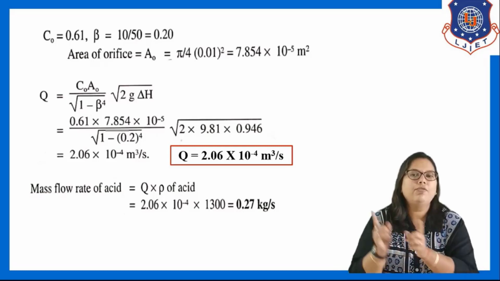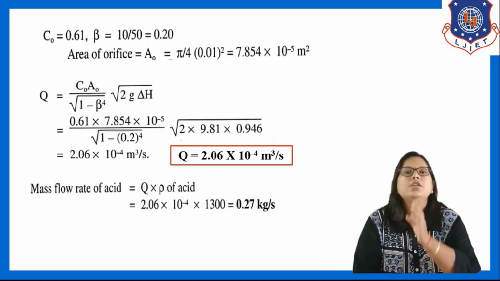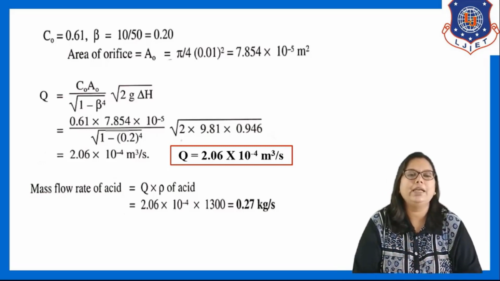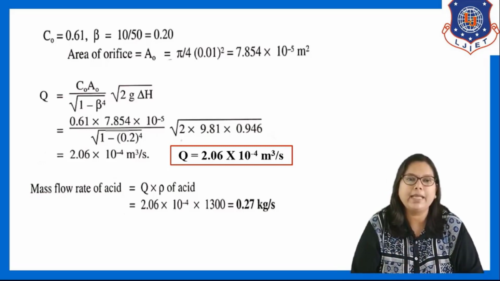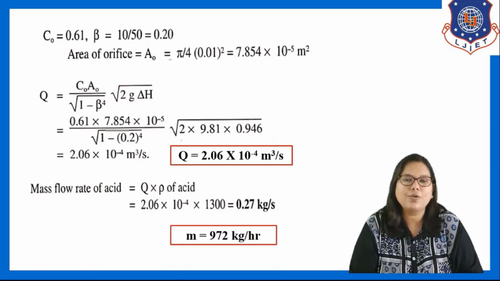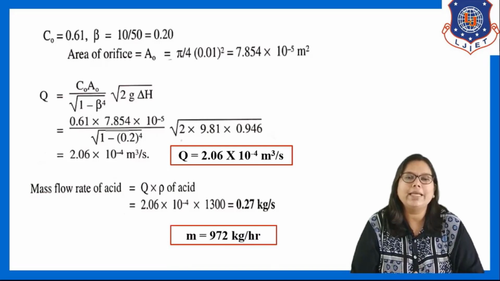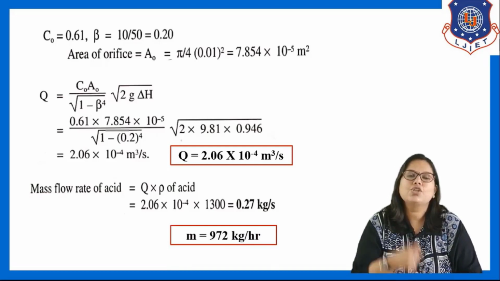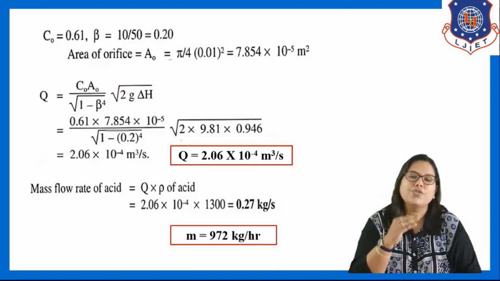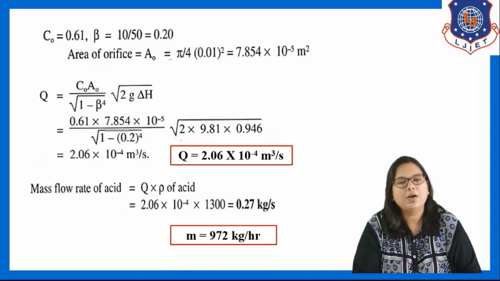But the value of mass flow rate will be asked in kg per hour. So convert this kg per second into kg per hour by multiplying it with 3600. So you will get mass flow rate equals 972 kg per hour. So my final answer for the mass flow rate of acid is 972 kg per hour.